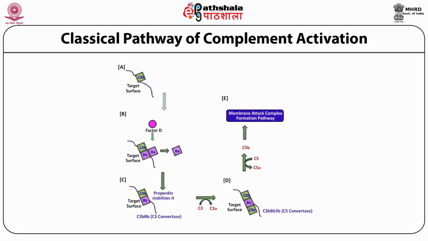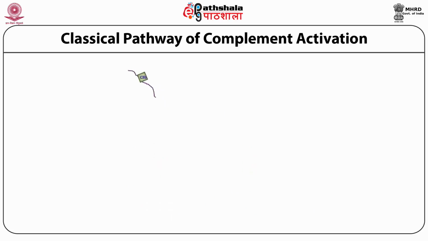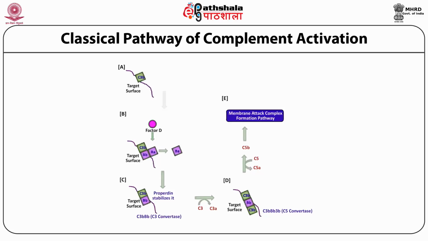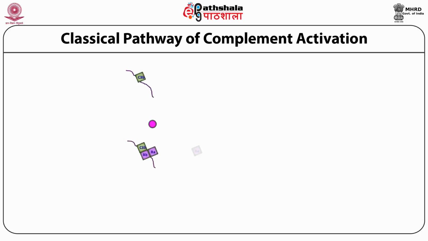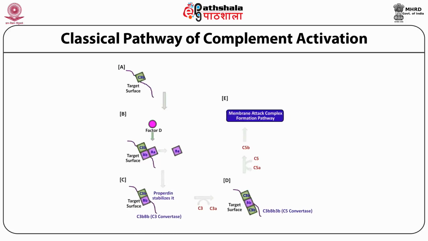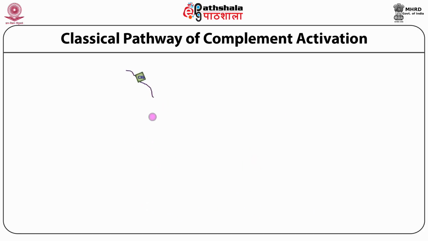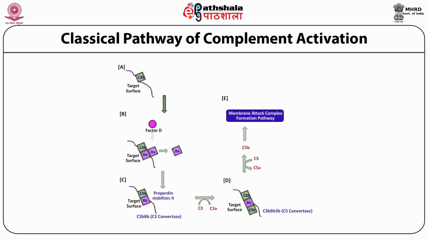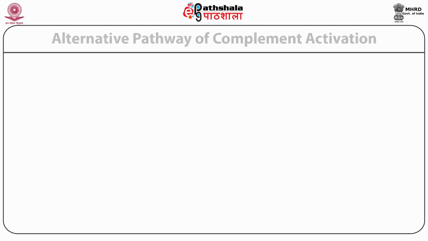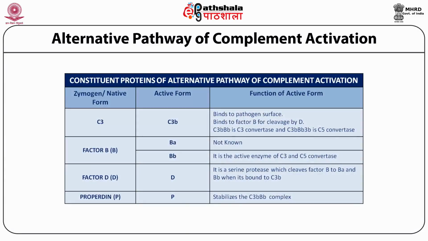The C3 convertase further activates C3 to generate more C3b, leading to formation of C5 convertase, that is C3bBb3b. C5 is cleaved by C5 convertase to C5a that diffuses away and C5b which binds to C6 and starts the membrane attack complex formation. Here you can see the various proteins involved in the alternative pathway of complement activation.